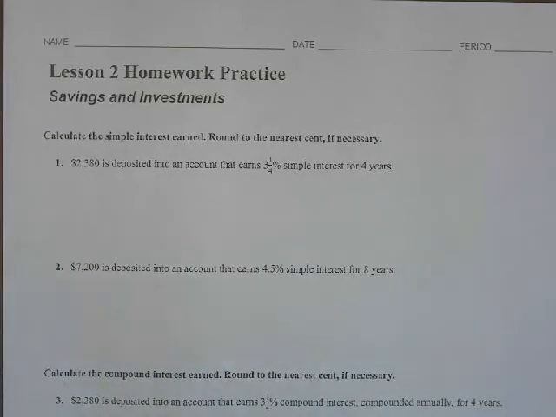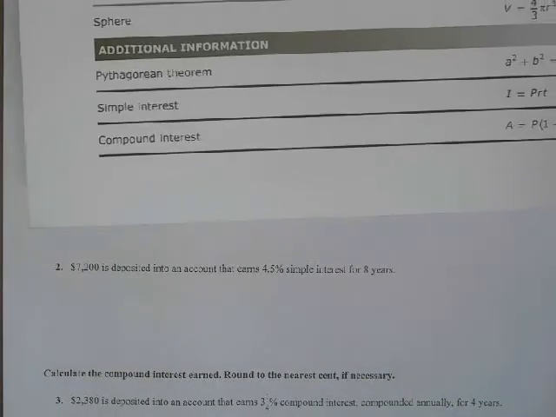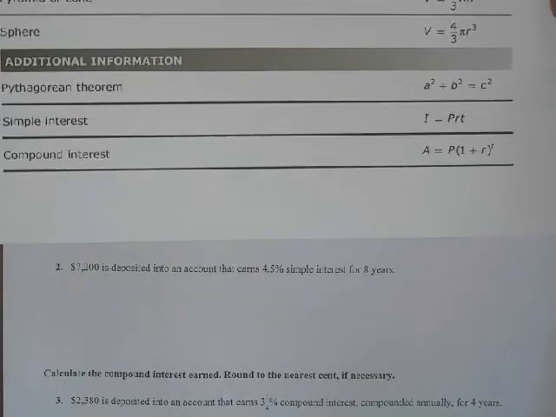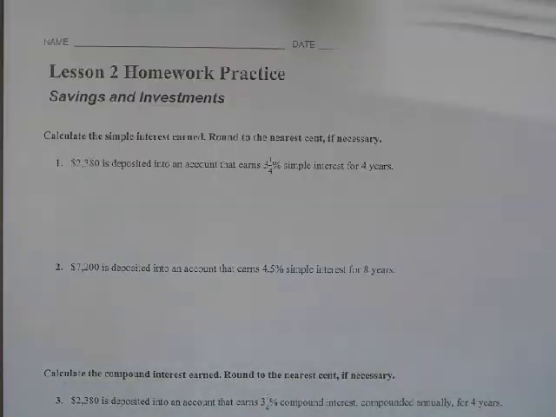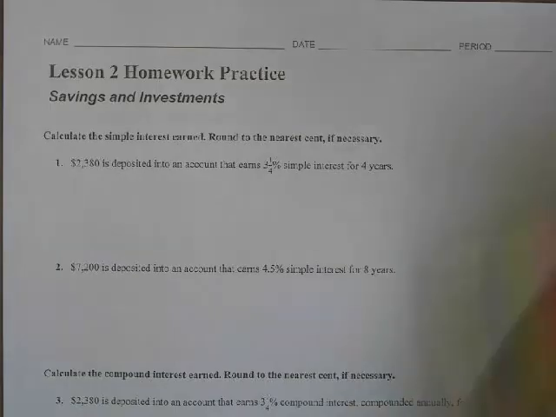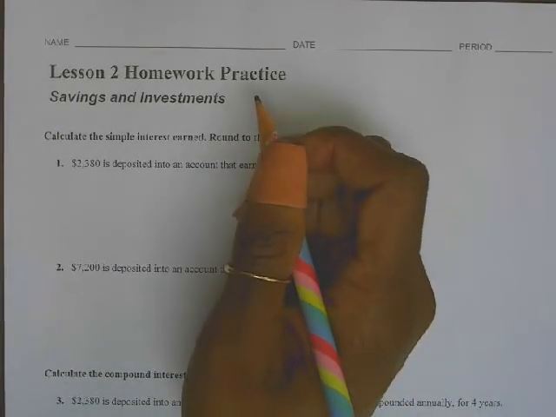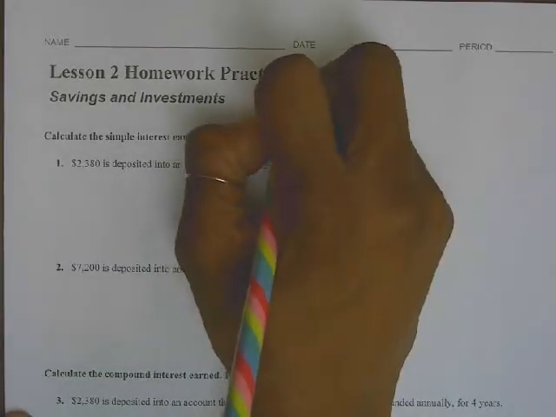So I want to go through 4 examples with you, just filling it out, see what I'm looking for, how I do this. I'm going to take these formulas straight off your star chart. So we're going to do simple interest and we're going to do compound interest. I'm going to go ahead and write them on our paper just so we're not going back and forth.